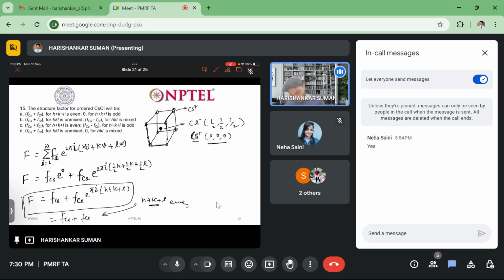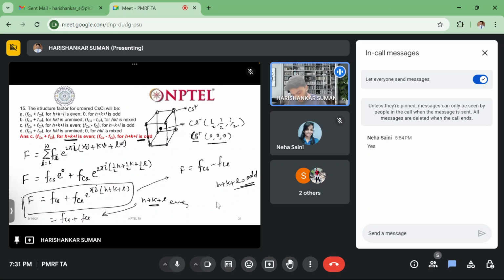If odd, then this will be Cs minus Cl. So which option is correct? Even case is plus, odd case is minus. C.